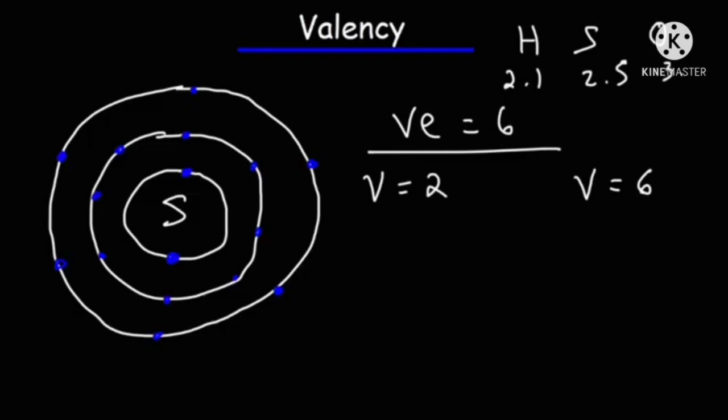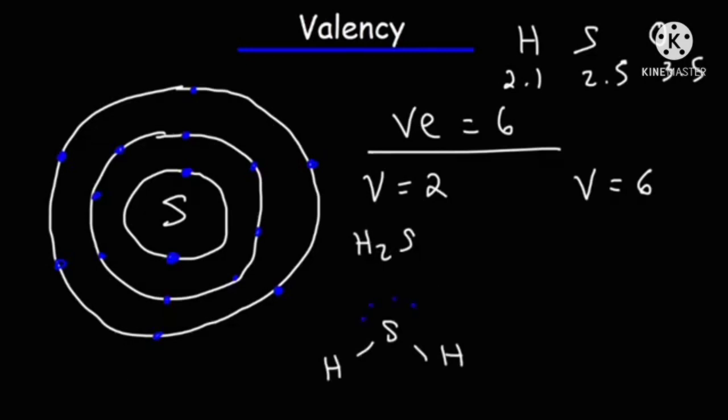Now 8 electrons are there in the outermost orbit when it gains 2 electrons. When it loses 6 electrons, does it get stabilized? Yes. Both cases it does. In the periodic table some elements have variable valency. Some will gain, some will lose.